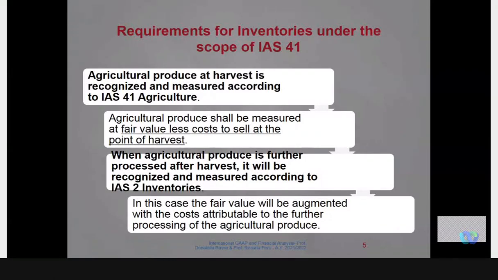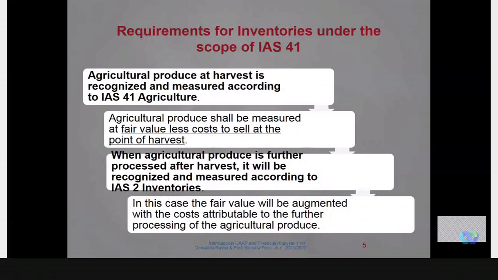That means that we will accumulate costs that we need in order to change the substance, appearance, and packaging of this agricultural produce. So in case you don't sell the agricultural produce at the point of harvest, but you keep it to produce and generate something else, you will treat that under IAS 2 Inventory.